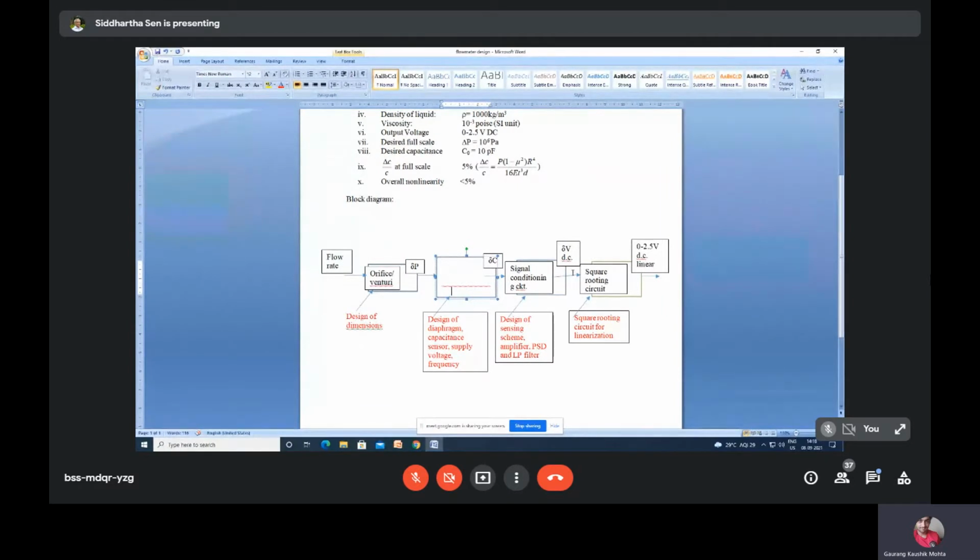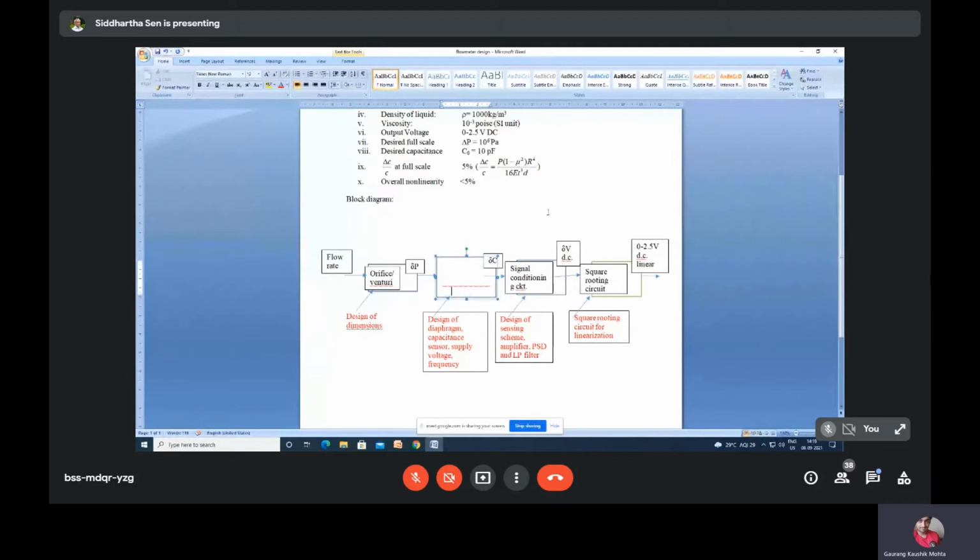But that is not enough, because we know that the flow rate is proportional to the square root of the pressure difference. So what we are getting is that the output voltage is proportional to the pressure difference, delta P. So we require a square rooting circuit to get the square root, so that ultimately the output will be 0 to 2.5 volt DC, and by using the square rooting scheme we get a completely linear arrangement.